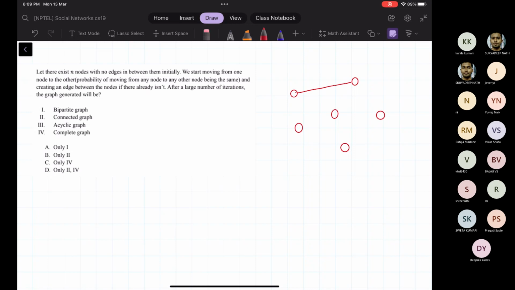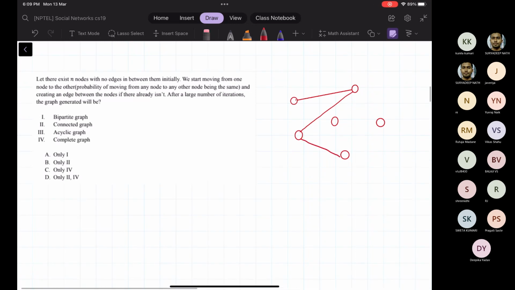So let's say you hop on to here. From here you can hop to here. From here you go to here. From here you can go back here. And let's say from here you go here. From here you can go here, and like this.